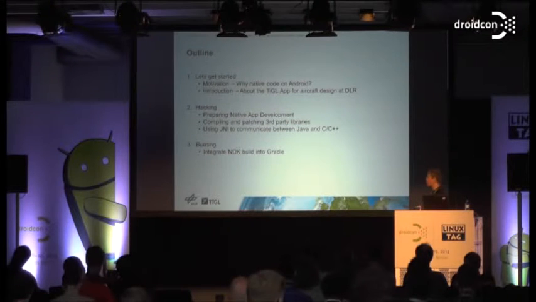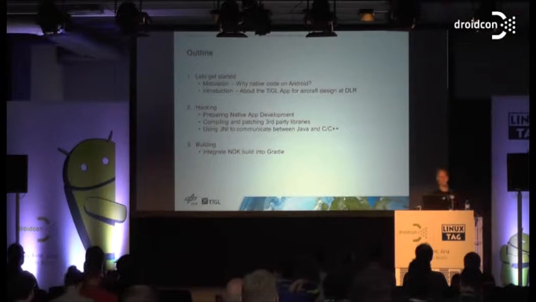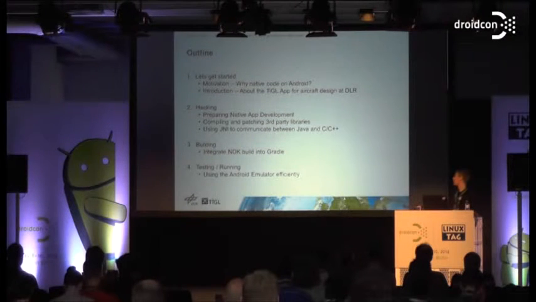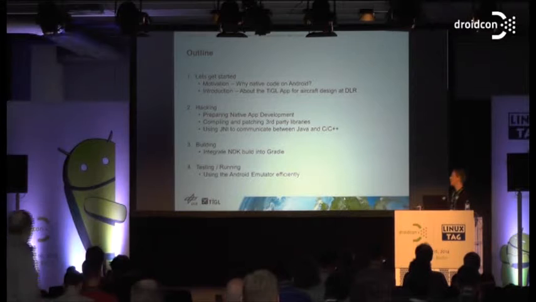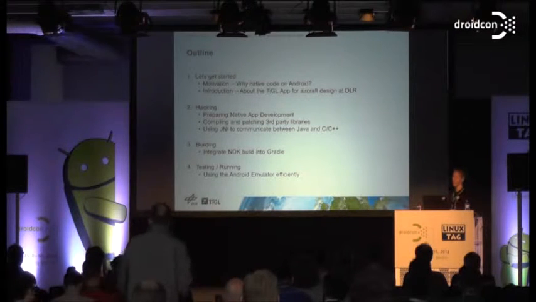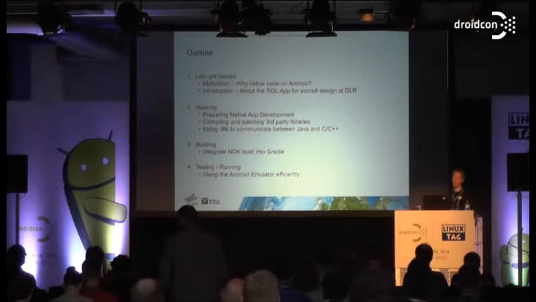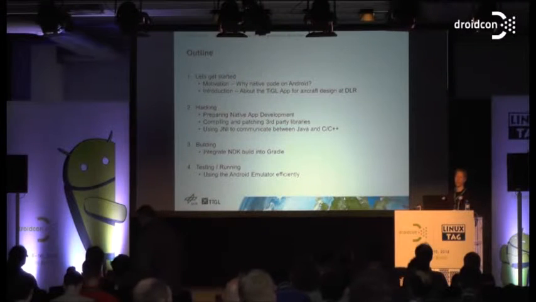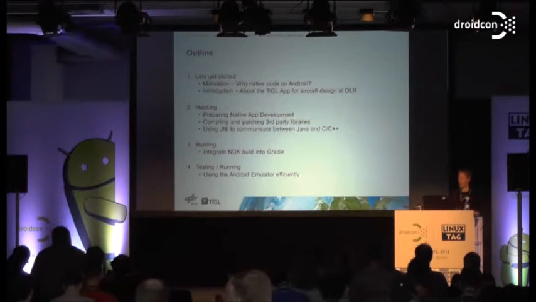Finally, I'm going to talk about how to integrate this native code building into the Gradle build system, which is the new build system used in Android. And I'm going to talk a bit about how to run that on an Android emulator efficiently, since these apps tend to be quite CPU intensive.